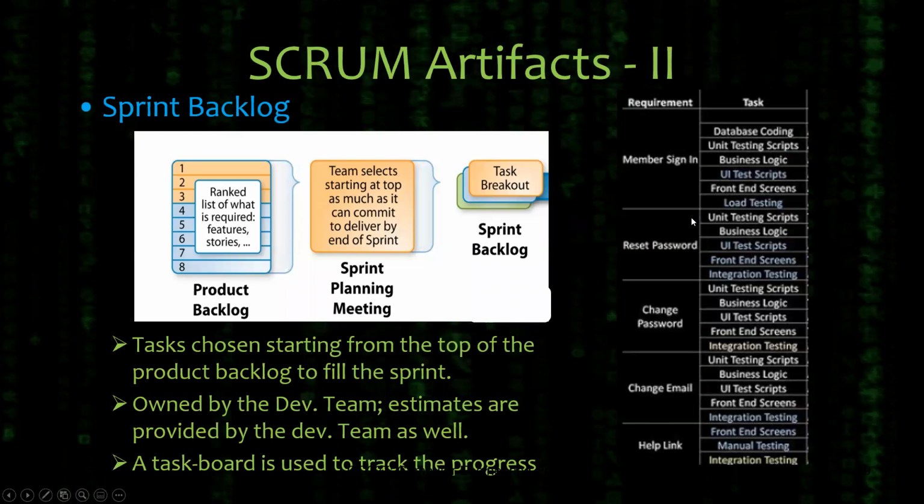And of course, the sprint backlog has changed. Sorry about that. So the sprint backlog is basically the individual tasks, right? You get the product backlog, and then you make the sprint backlog with the tasks. So you'll have member sign in, UI scripts, front end screens, and different things.